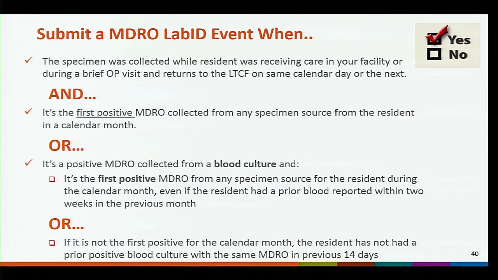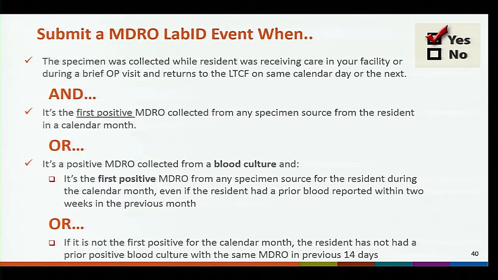If that's the case, it's the first positive MDRO from any specimen source for the resident during the calendar month, even if that resident had a prior blood reported within 2 weeks in the previous calendar month. So basically, you are reporting the first positive specimen for that resident for that calendar month, regardless of what it is, okay?